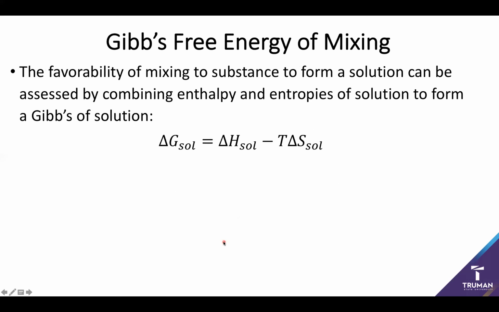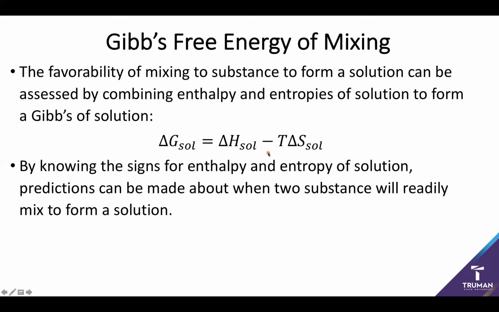This leads us to the real question of trying to figure out exactly how favorable it is to form a solution. So not too surprisingly, most favorability and spontaneity always comes down to Gibbs. If we know my enthalpy, my entropy, and my temperature, I should be able to find the Gibbs of mixing two different substances to form a solution.